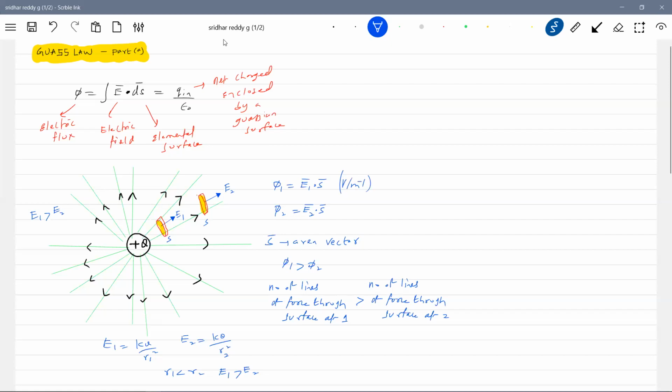Okay, let's go for the next one. So what is the electric flux? We'll just focus on that one. Let me take an elemental surface.